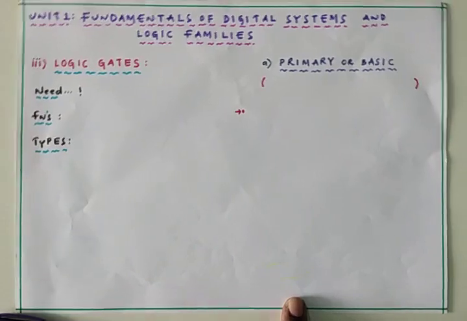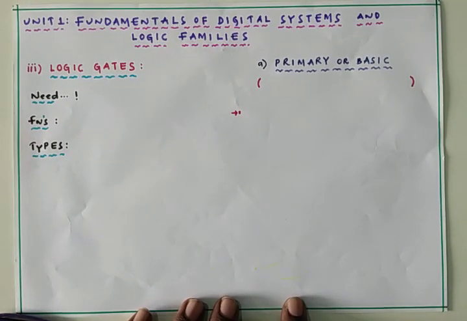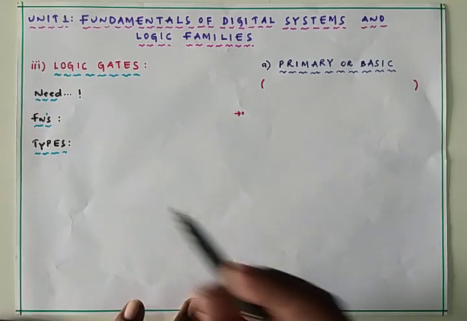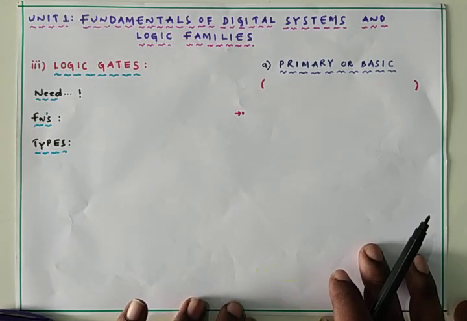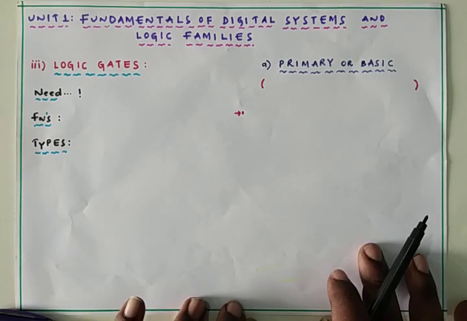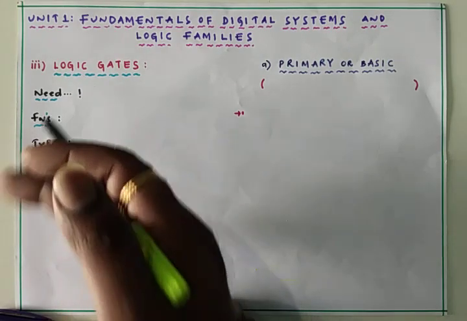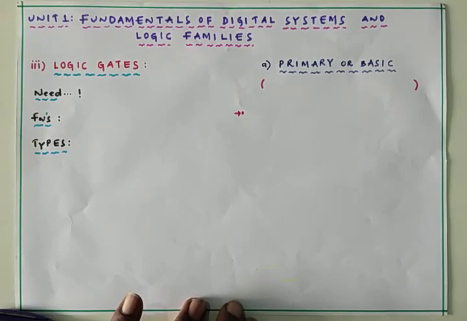So, need of the logic gates. I am going to explain the need of the logic gate. Logic gates are the fundamental basic building blocks of any digital system or digital circuit. Logic gates are used for specific functions, which in general we can call logical operations.